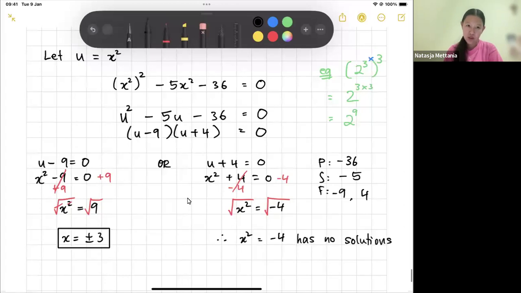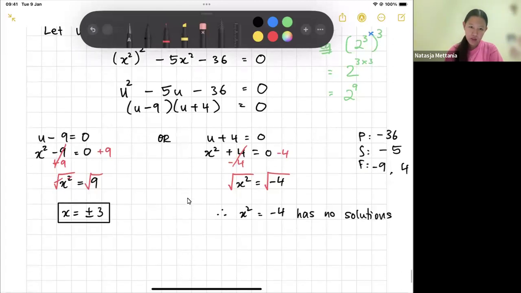We talked about this in discriminants. So my answer must only be x equal to plus or minus 3. That's it. Hopefully that makes sense.